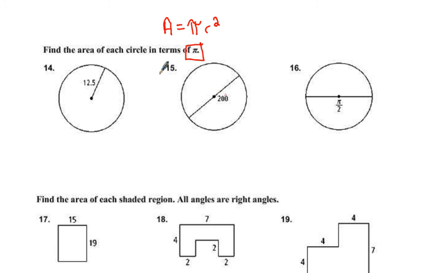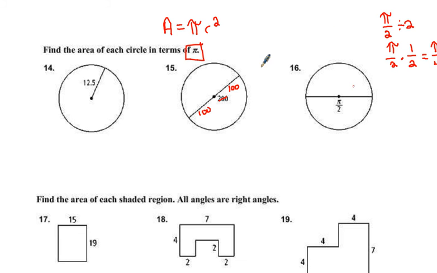So we're going to cut this 200 in half, and that means that each one of our radii is going to be 100. For this one, we're going to cut this in half, guys. Pi over 2 divided by 2 would be pi over 2 times 1/2, which would make it pi over 4.